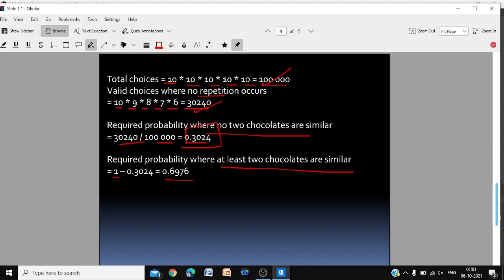So the probability for without repetition would be this much, and with repetition would be 1 minus the above figure, that would be 0.6976. So that was an interesting question on probability of choosing chocolates.